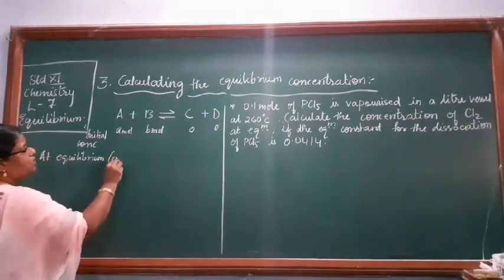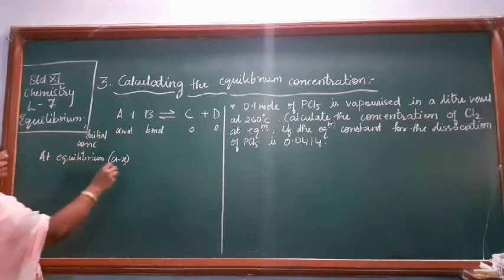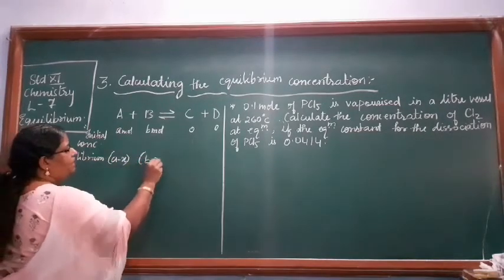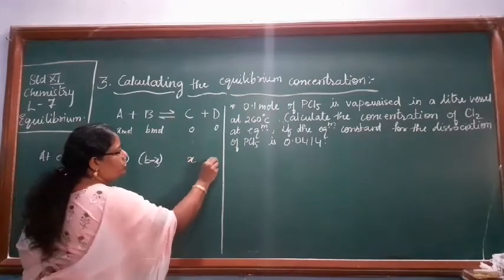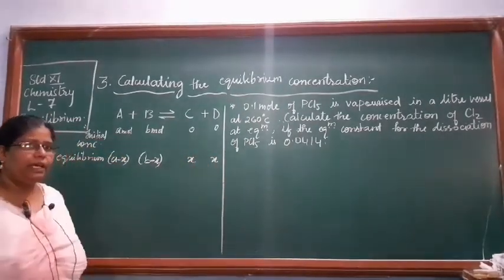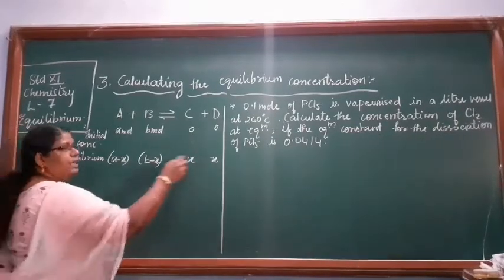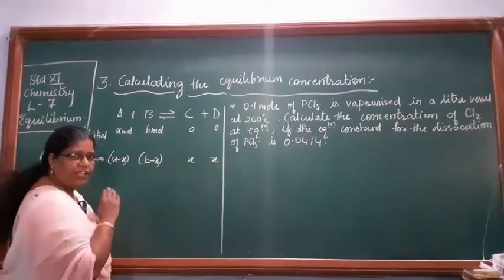So the equilibrium concentration will be what? A minus x for A, and for B it will be B minus x. The same amount that has been used of A and B will be formed for C and D. So x amount of C and x amount of D will be formed.